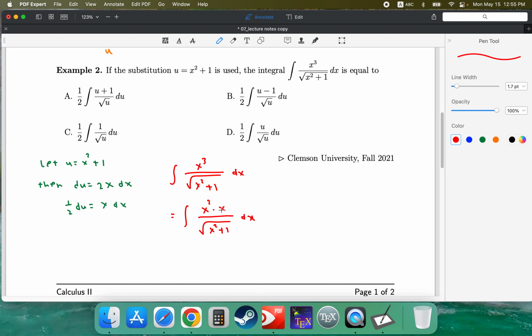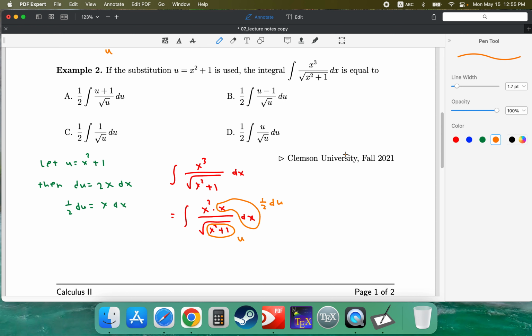That x is essential. If you don't have that x, you cannot make this 1/2 du. So that's why I take one x out, and then this x dx is my 1/2 du, and this x squared plus 1 under the radical is my u.